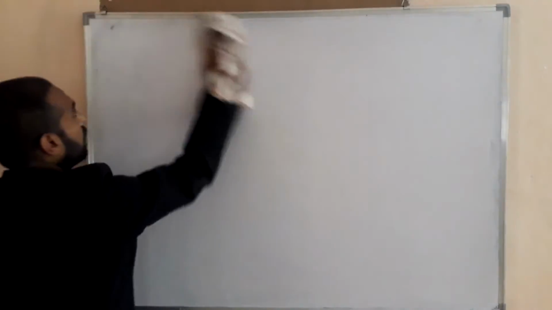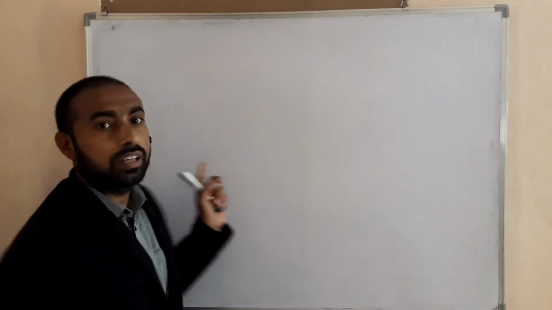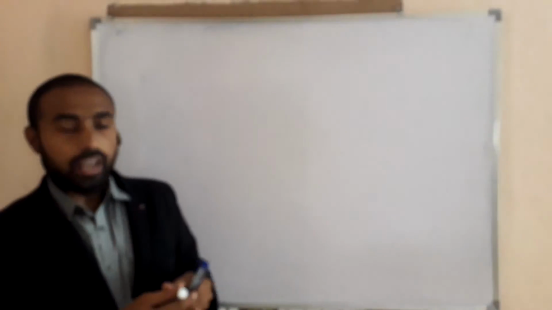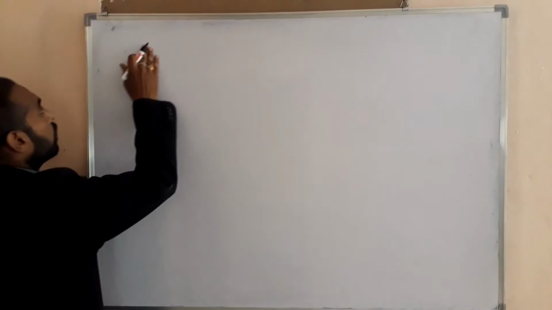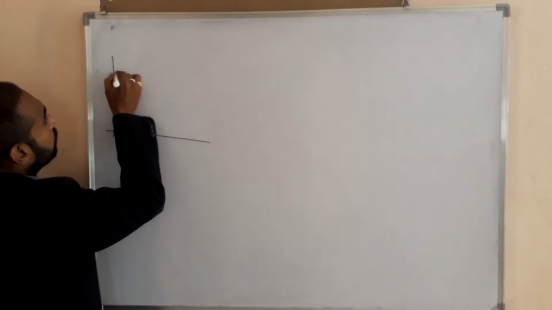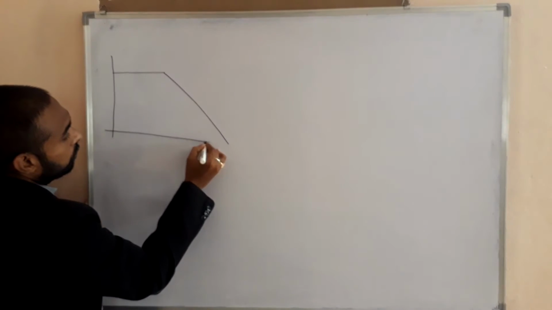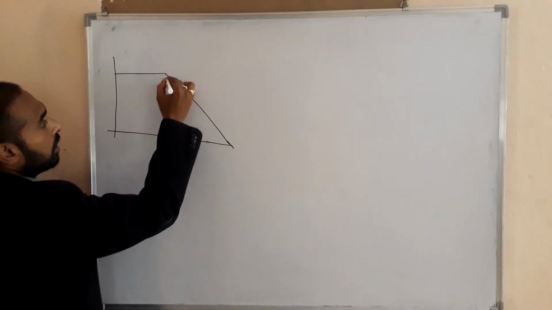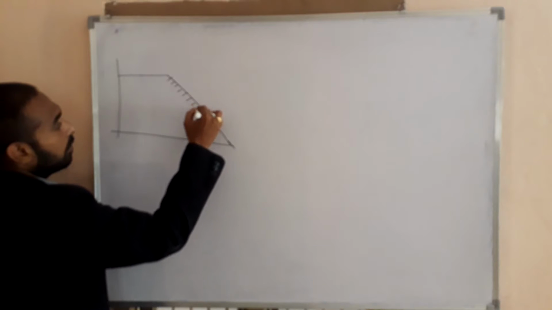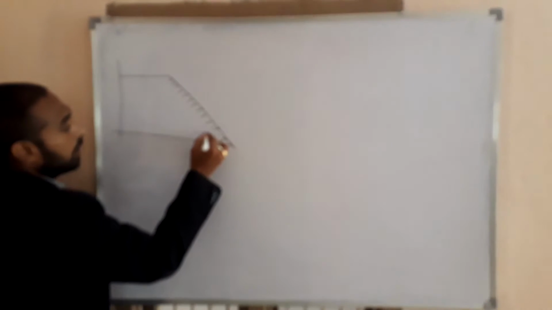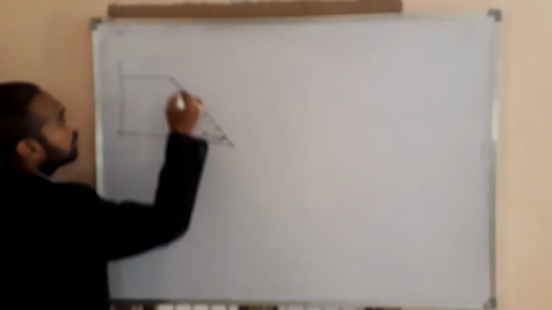You will find the same illustration in NCERT Exemplar also. There is an inclined plane here. This is a rough inclined plane. Okay, the inclination is 37 degrees.